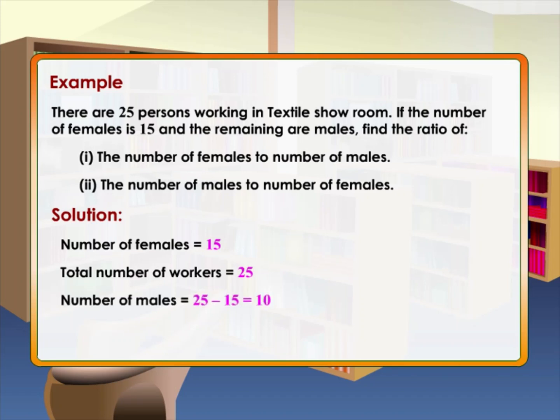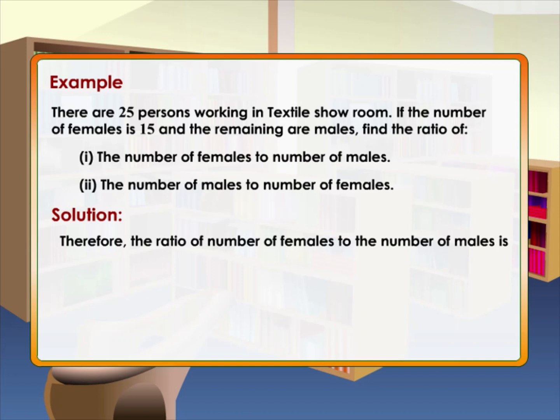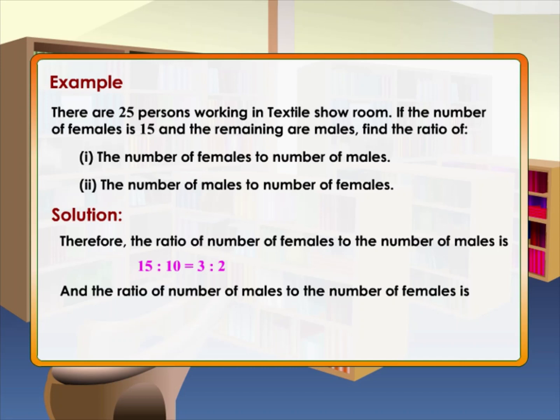Number of males is equal to 25 minus 15 is equal to 10. Therefore, the ratio of number of females to the number of males is equal to 15 is to 10, which is equal to 3 is to 2. And the ratio of number of males to the number of females is equal to 10 is to 15, which is equal to 2 is to 3.